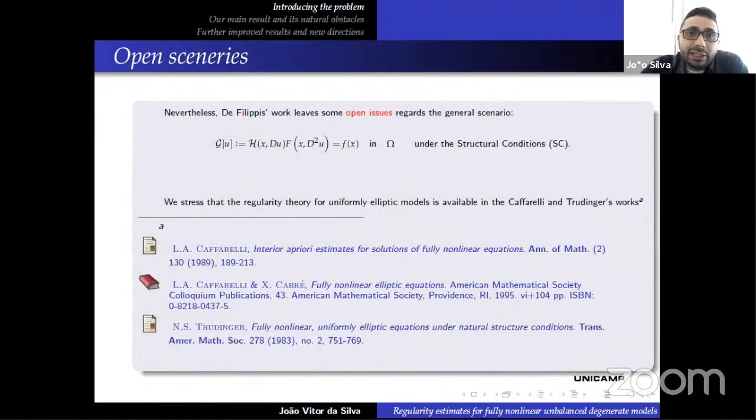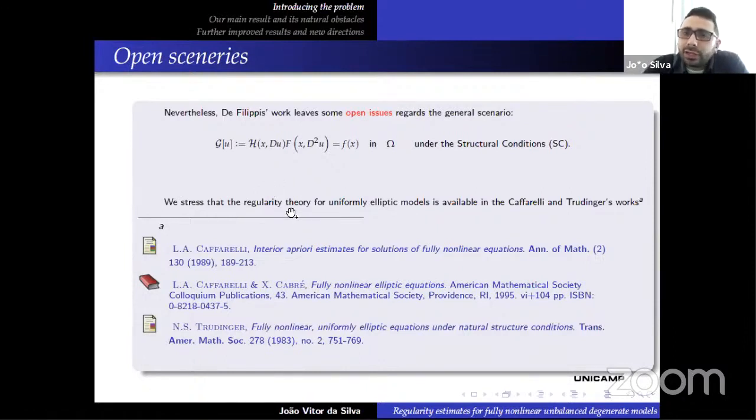But De Filippis leaves some open issues regarding the general scenario. For example, the sharp regularity comes in relation to the sharp regularity for the viscosity solution.